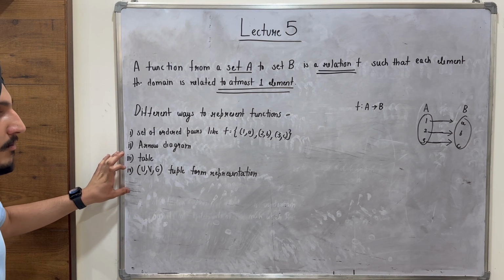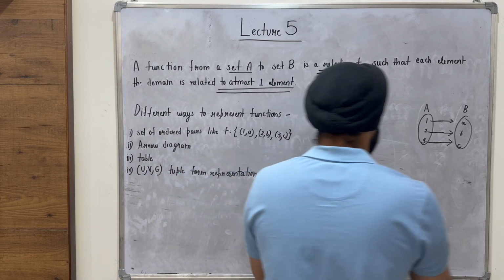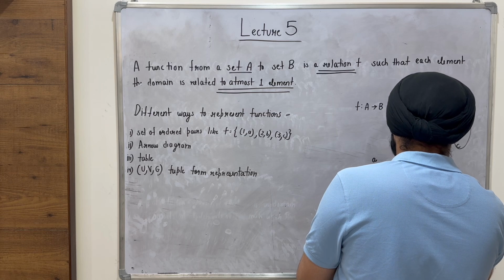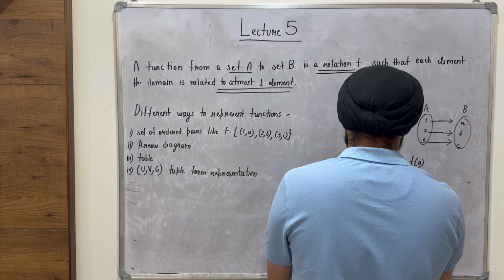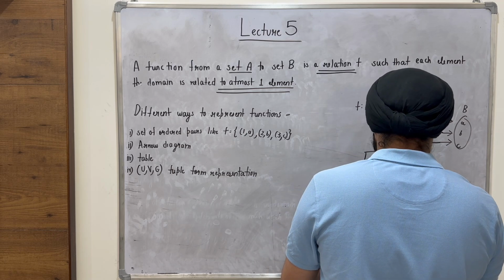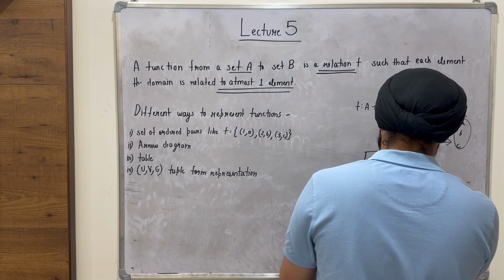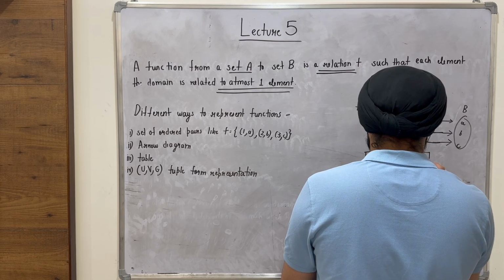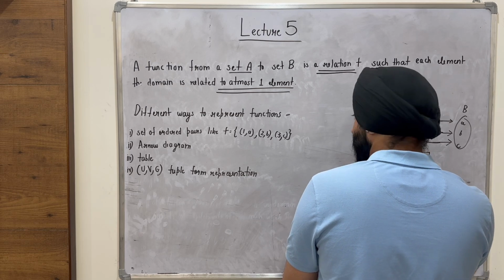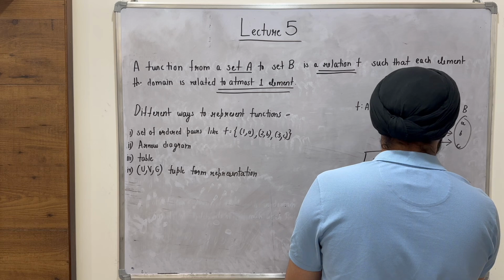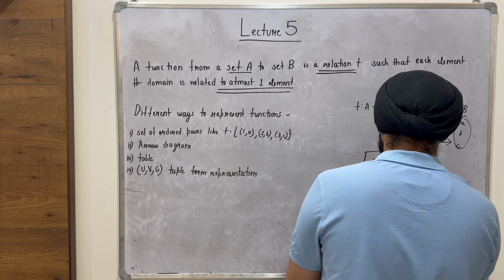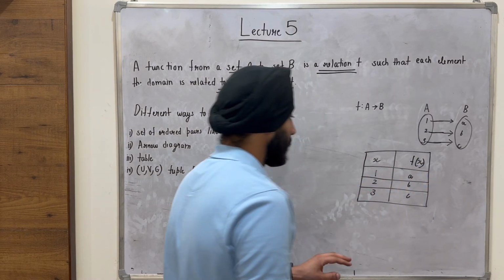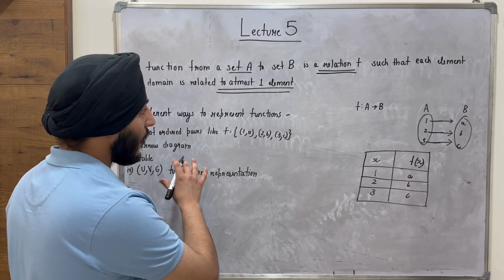First, let's try to understand the table representation. So the table representation would simply be, let's say, X and F of X. So I have 1, resulting value is A, 2, resulting value is B, 3, resulting value is C. So this is the basic table representation of a function, right?